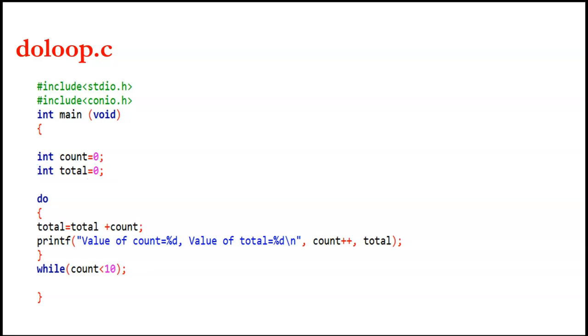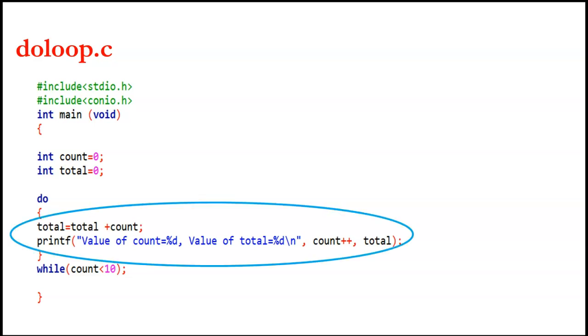Then the do keyword signals the beginning of the do-while loop, and the body of the do-while loop, which in this case consists of two different statements, is executed. The first statement is total equals total plus count, and this computes the running total each time through the loop.